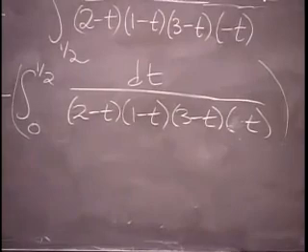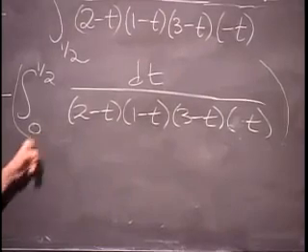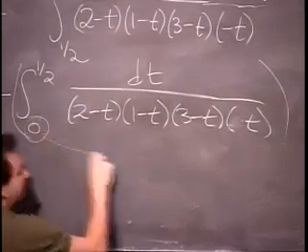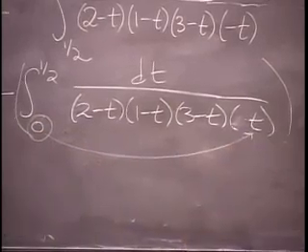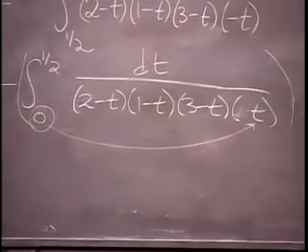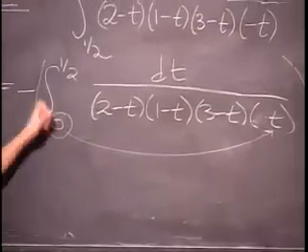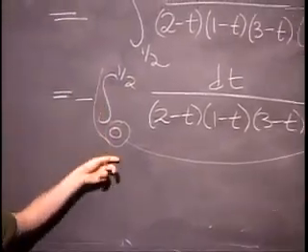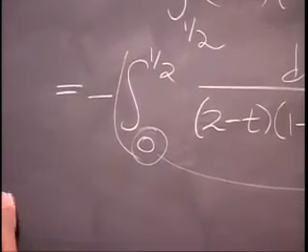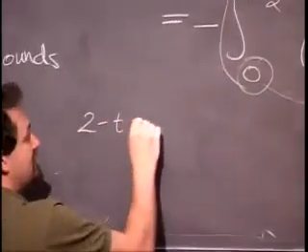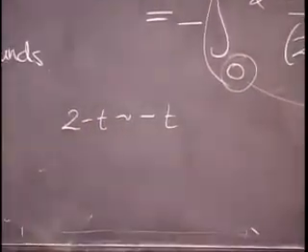Okay, so what happens? Well, the easiest way to deal with this, first of all, note that the problem spot is at 0 now, and it just comes from that t. Pretty neat, huh? I changed the problem spot at 2 to one at 0, and at the same time, the 2 on the right-hand endpoint became the 0 on the left-hand endpoint. Well, watch this. 2 minus t behaves like minus t? No, it doesn't.